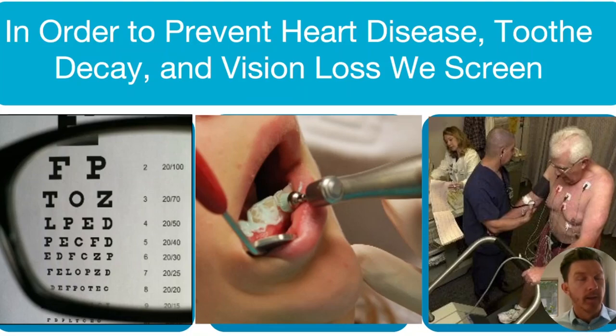So how do we figure out if there's an altered motor pattern? Many different types of medicine have different screenings. There's a screening to prevent heart disease, a screening to prevent tooth decay, a screening to look at vision loss.